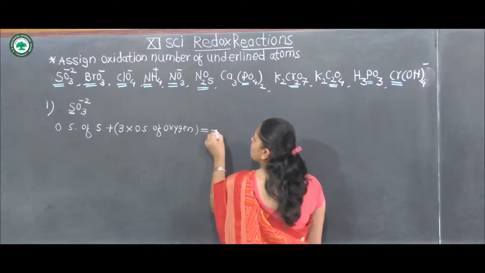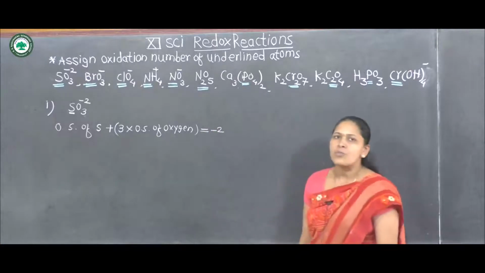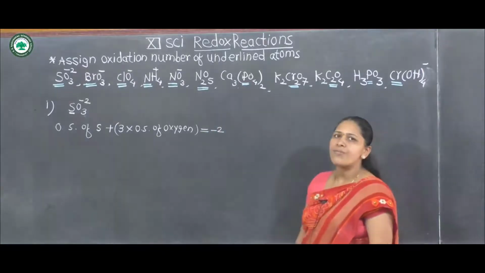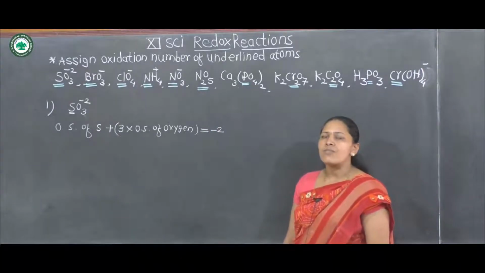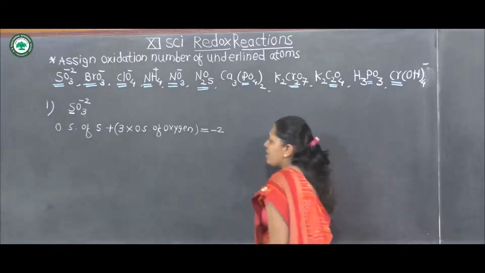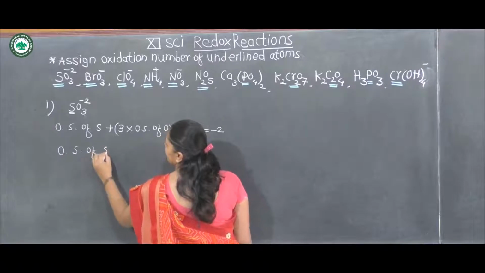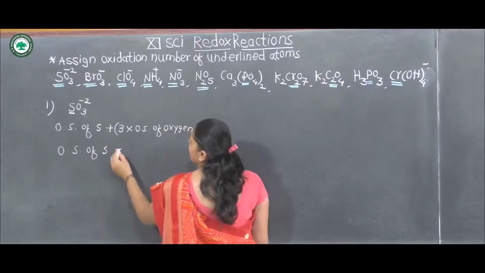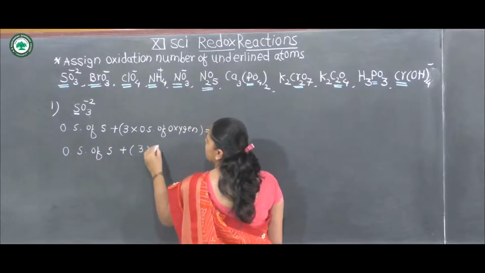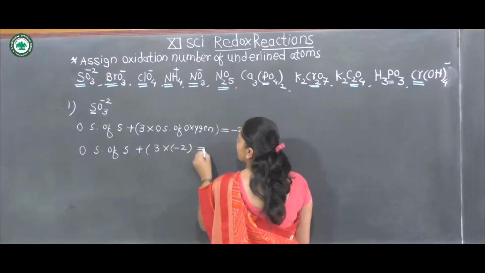Because it is a polyatomic ion, the algebraic sum of oxidation states of all atoms is equal to its charge. Oxidation state of sulfur plus 3 into the oxidation state of oxygen, which is -2, is equal to -2.